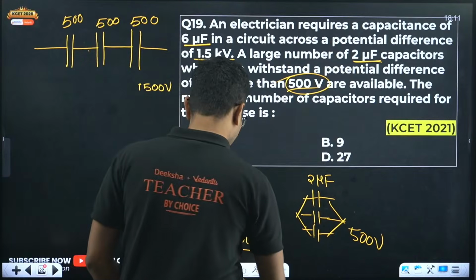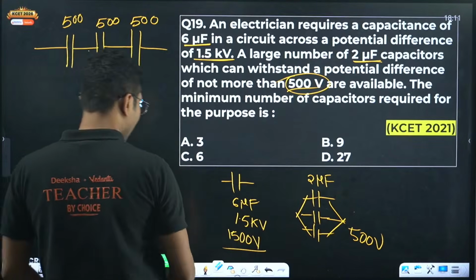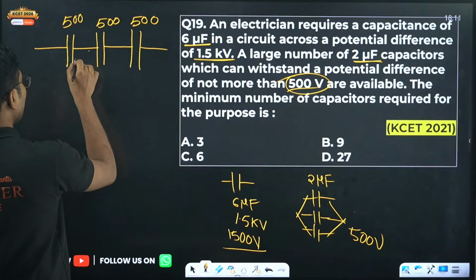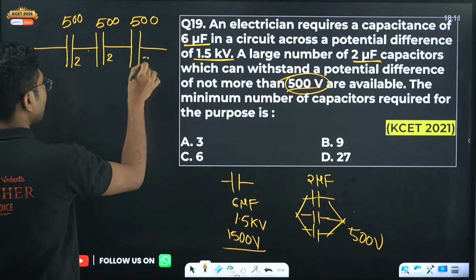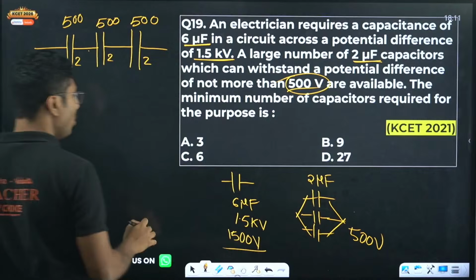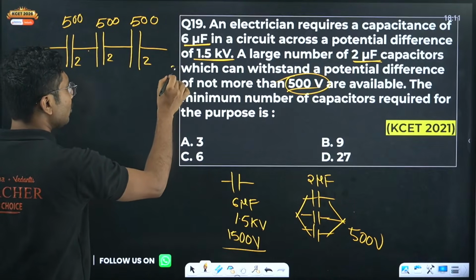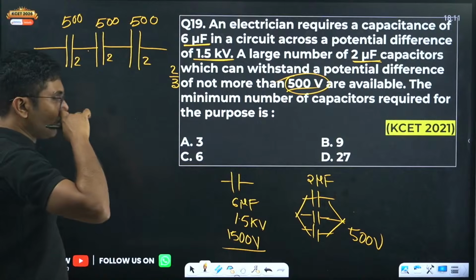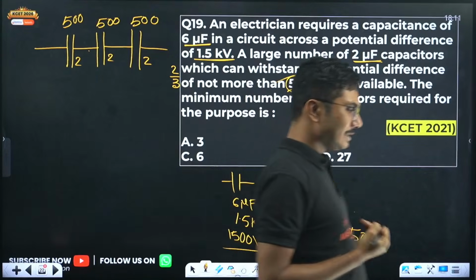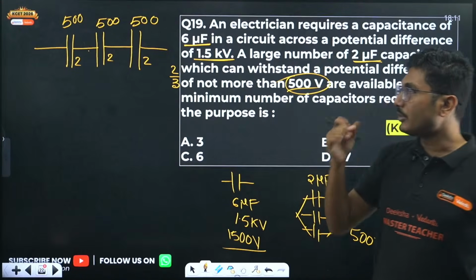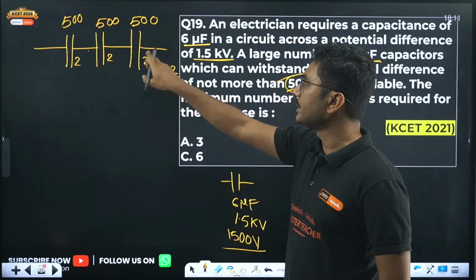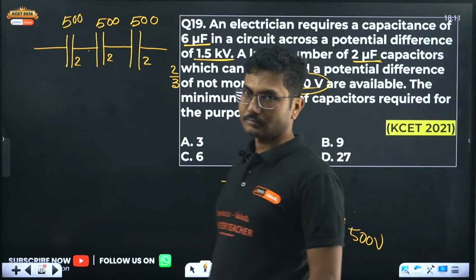So our effective capacitance is 2 microfarad, 2 microfarad, 2 microfarad. 3 of them are 2. So the equivalent capacitance of one line is 2 by 3. If capacitances in series are all the same, the equivalent capacitance will be 1 capacitor divided by 3.